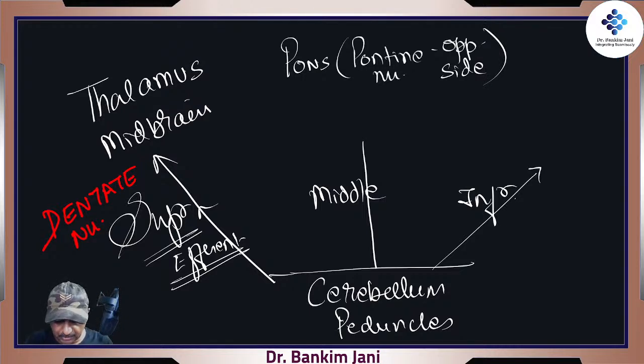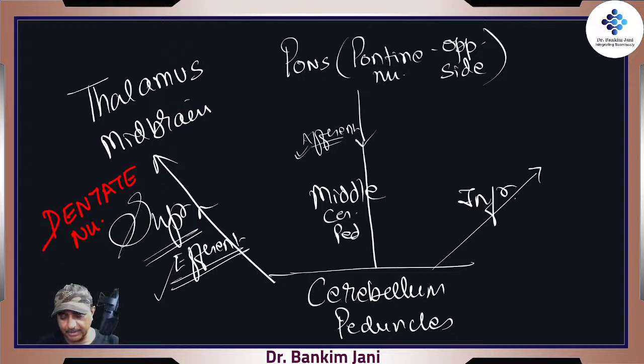So these are the afferent fibers. Afferent fibers from the pons will be going into the cerebellum via the middle cerebellar peduncle. So this is very clear.